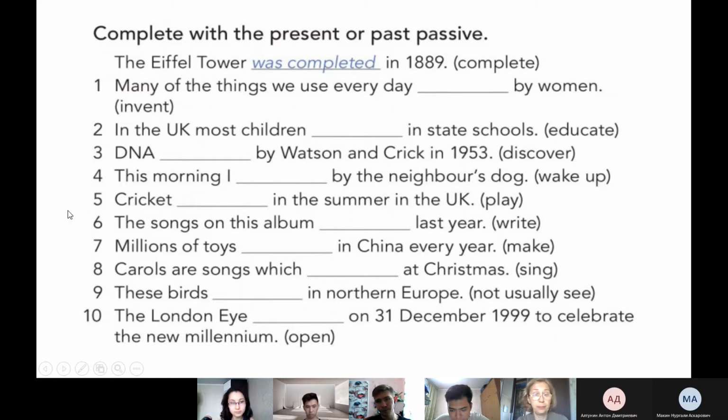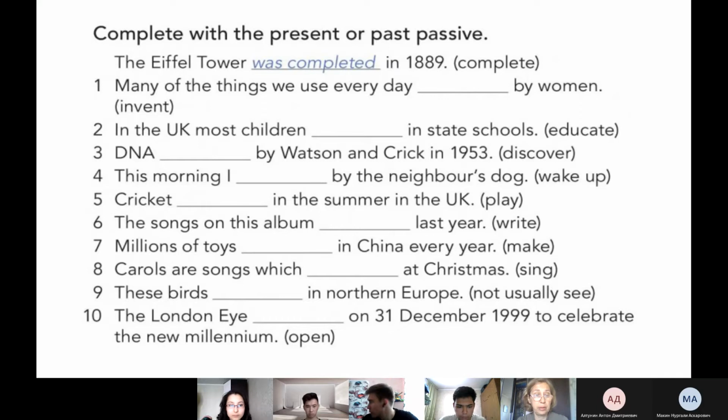Number 5, please. Cricket is played in the summer in the UK. Yes, this is general thing. В него играют в крикет. So, Nurgali, please. The songs on this album were written last year. Yes, songs were written. Good.